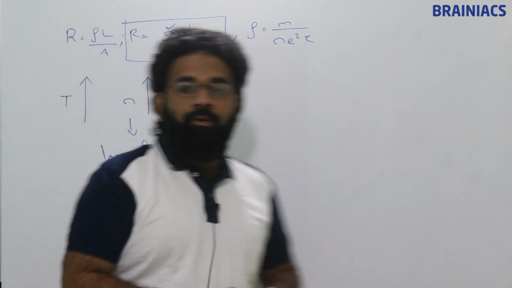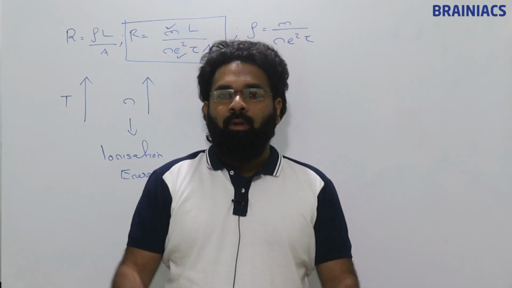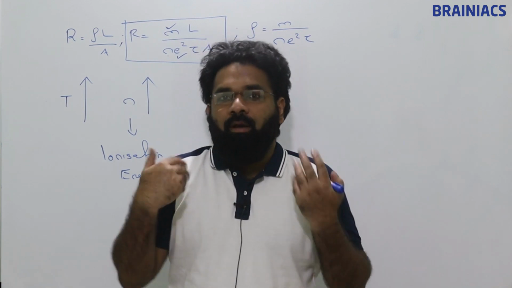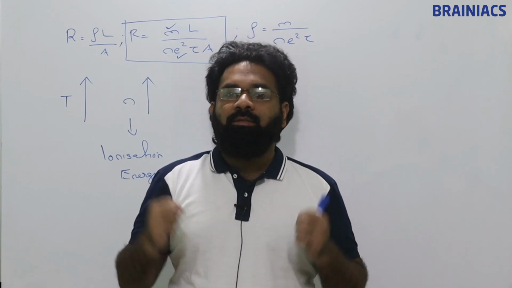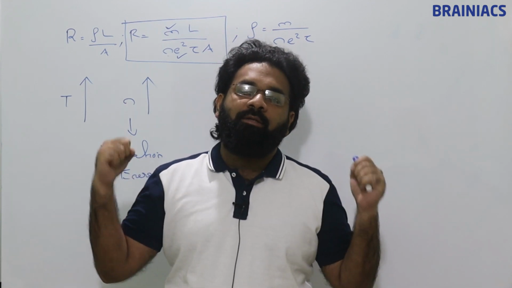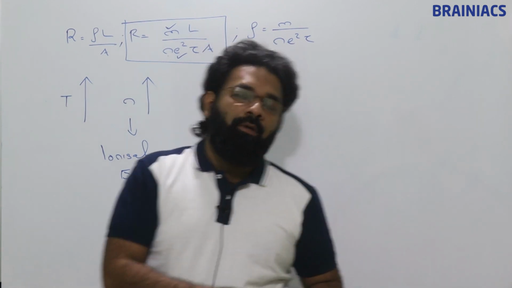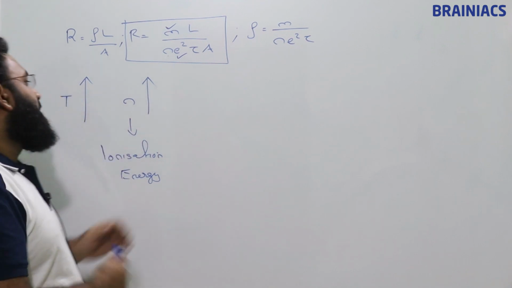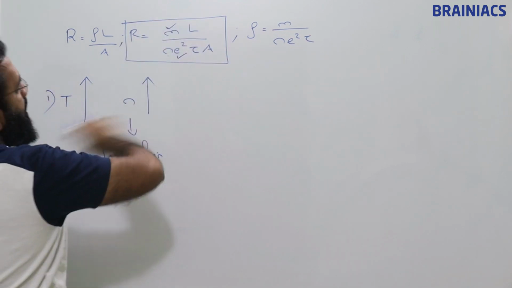Electrons will be inside atoms. But if we apply heat, temperature will increase and these electrons will get energy, ionization energy we say, and come out of the atom. So number of electrons will increase. Remaining all the things are constant.